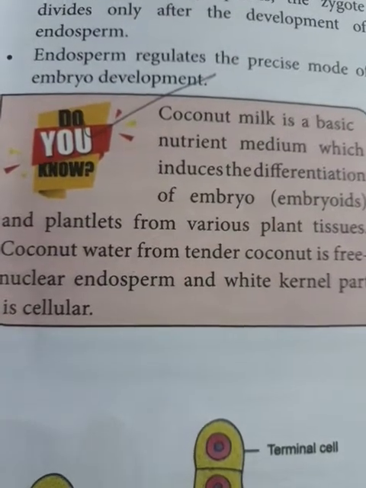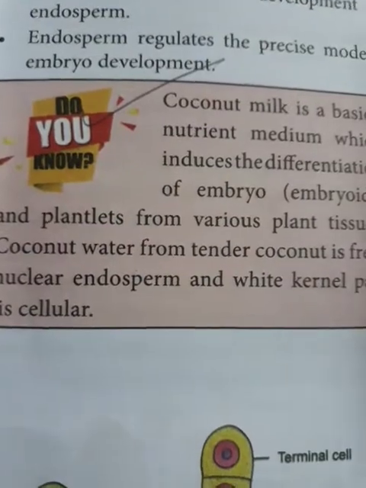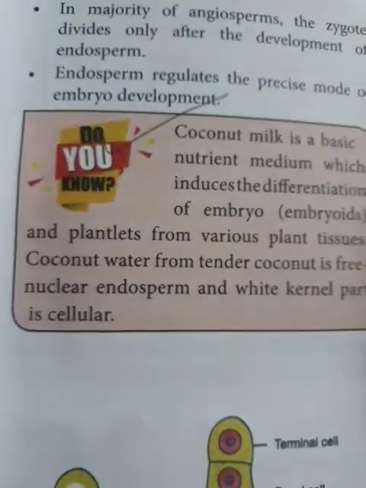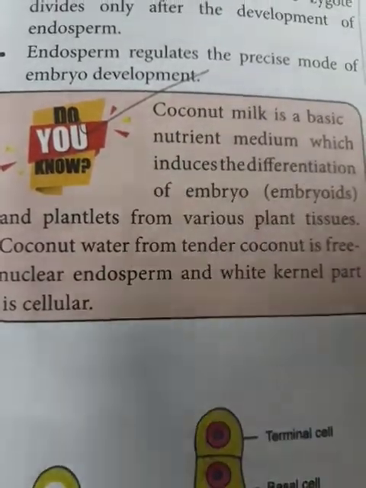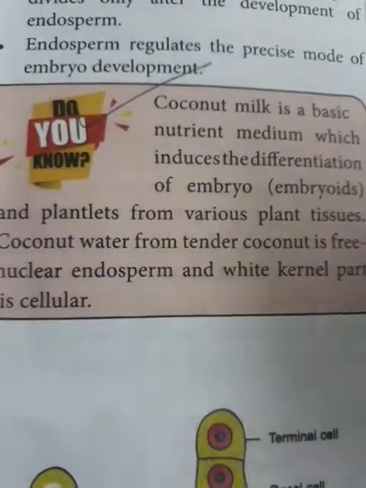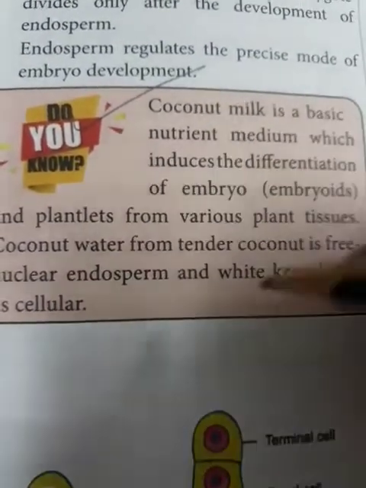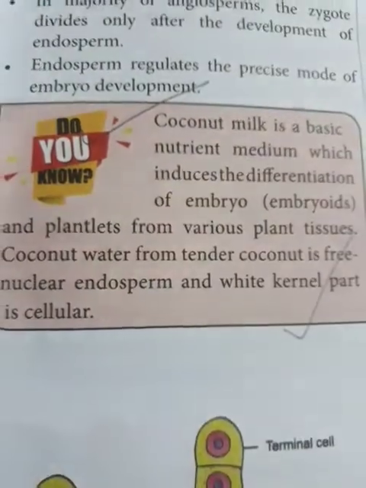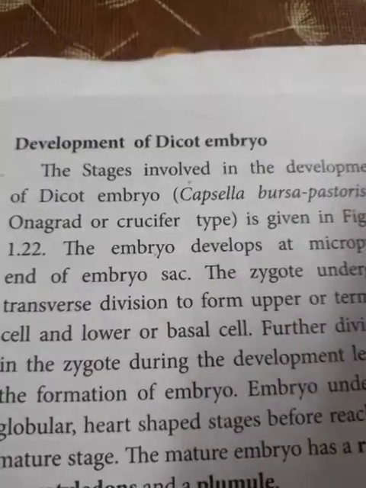It is free nuclear endosperm, while the white kernel we eat is called the cellular endosperm. So in coconut, at the mature stage, we can see the mixed type, that means both cellular and nuclear endosperm. Example, coconut.